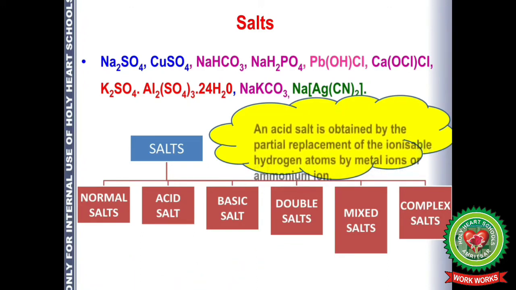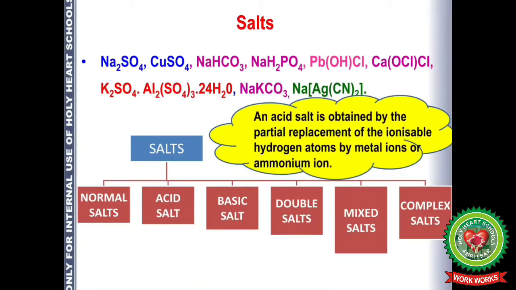The next one is acid salt. So what are acid salts? An acid salt is obtained by the partial replacement of the ionizable hydrogen atoms by metal ions or ammonium ions. So there is a partial replacement of the ionizable hydrogen atoms.